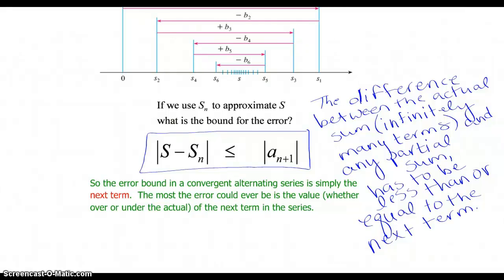And we just illustrated that right here when we did that. The actual sum will lie within that interval. So that's what this means.